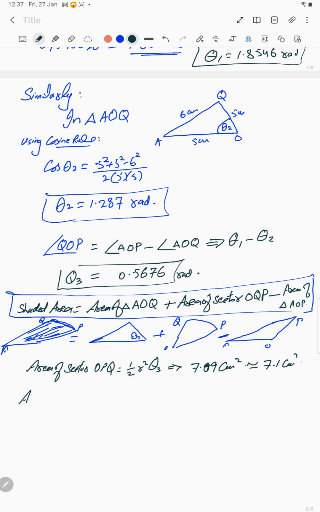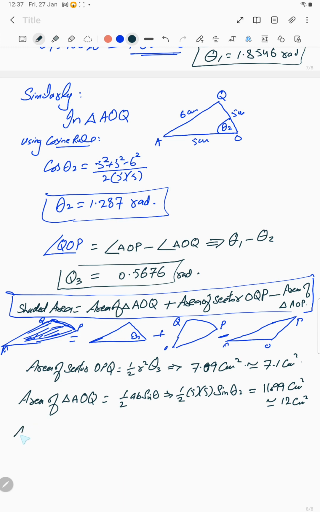And also area of triangle AOQ, half times AB sine theta, that is half of 5 times 5 times sine theta 2, that gives me 11.99 centimeter square, or approximately 12 centimeter square.